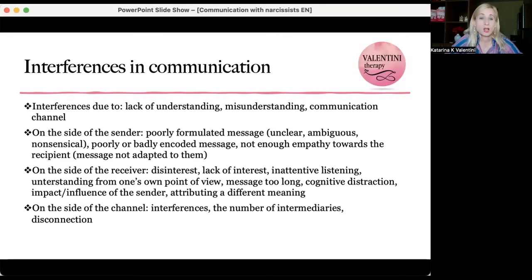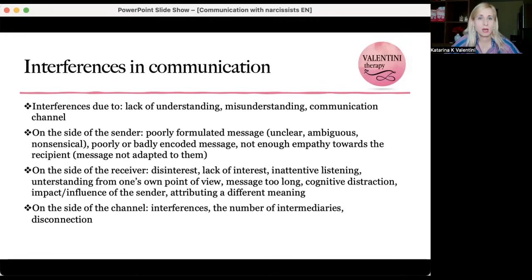Now, messages can also be poorly or badly encoded. If I express my wish clumsily, or if I'm not clear in what I'm saying, then this message is poorly encoded. Not enough empathy towards the recipient.